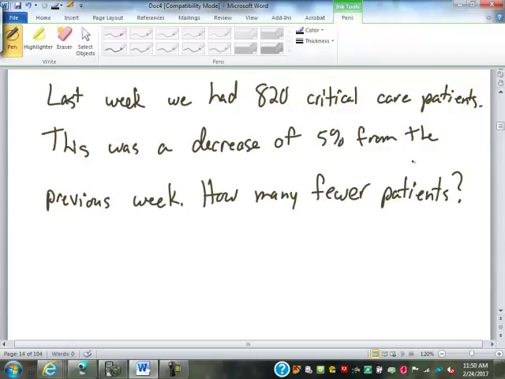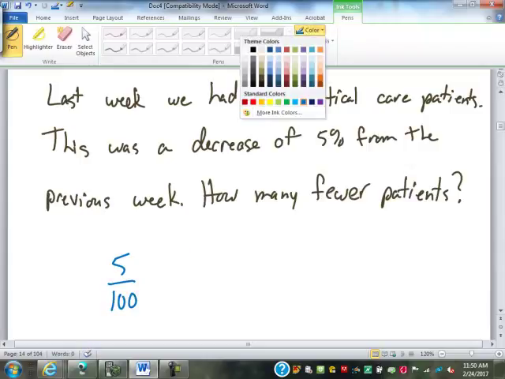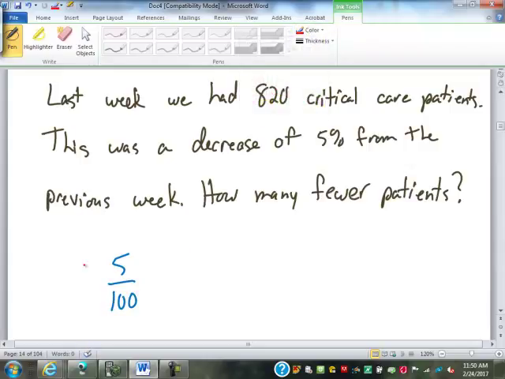So we've got to ask ourselves, we have that 5%. And that 5% is the decrease in our patients. The 820 here, of course, is this week. And we're looking at last week.